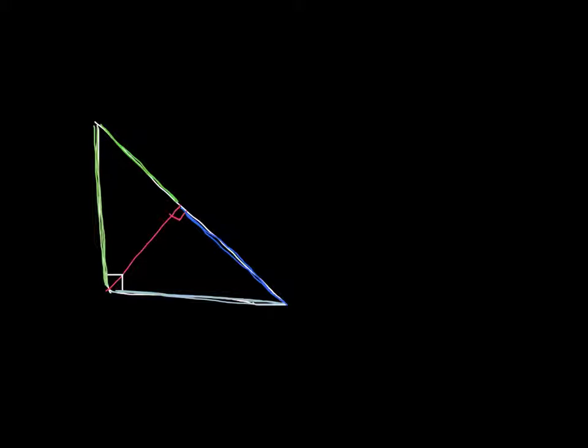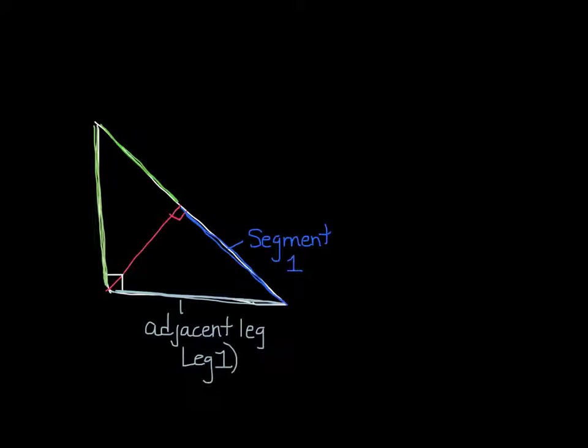So let's call this segment 1. If that's segment 1, then its adjacent leg, let's call that leg 1. So we can say that segment 1 is related to leg 1.